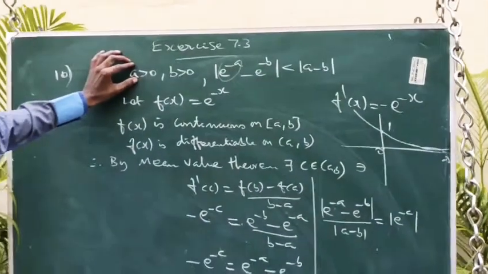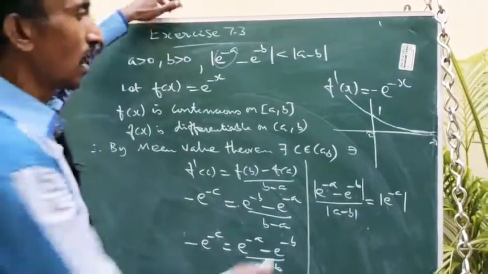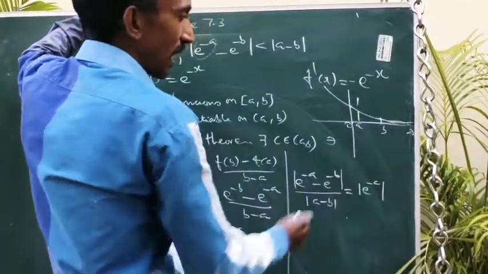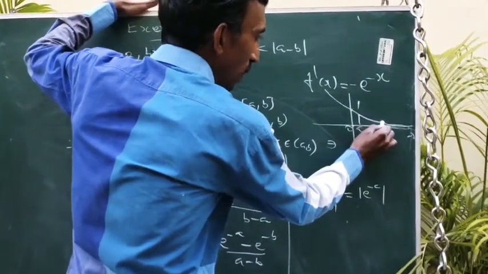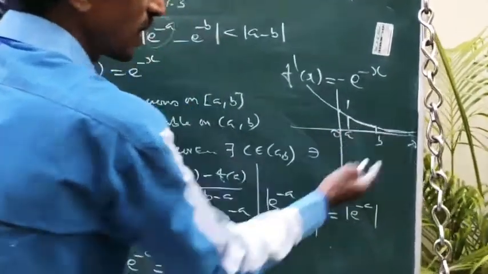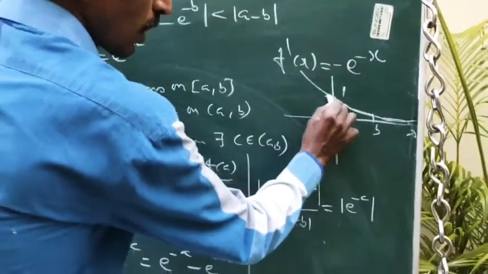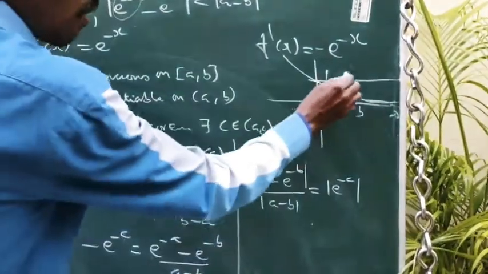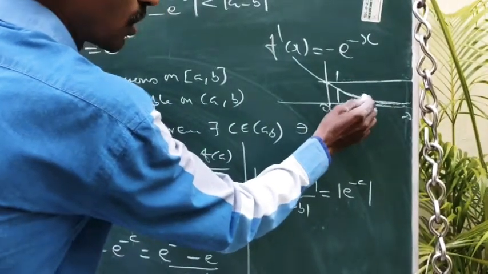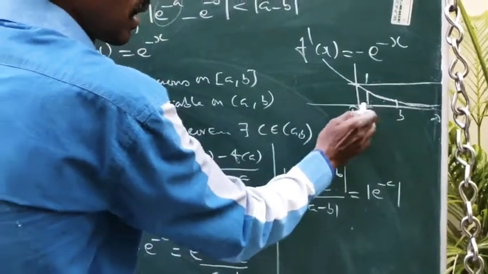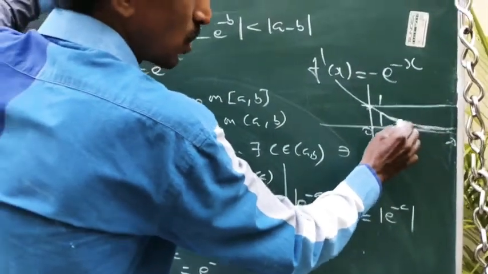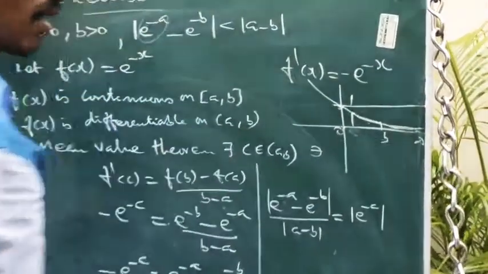Here in the question it is given that both a and b are positive. Suppose a is present here and b is present here. Look at the values of f of x. Between a and b, f of x is always less than or equal to 1. Suppose a is 0, it is 1; for the other values, it is less than 1.